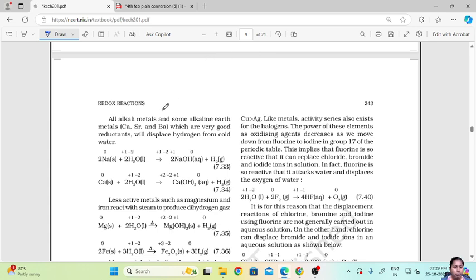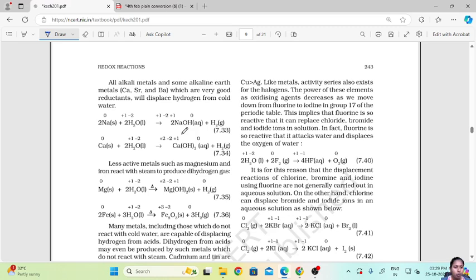All alkali metals and some alkaline earth metals, which are very good reductants, will displace hydrogen from cold water. Here they replace hydrogen from the water molecules, for example sodium and calcium.